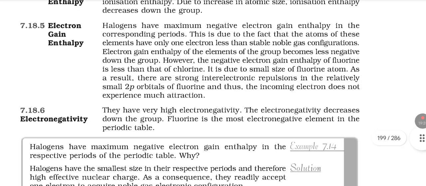Halogens have maximum negative electron gain enthalpy in the corresponding period. This is due to the fact that the atoms of these elements have only one electron less than stable noble gas configuration. Electron gain enthalpy of the elements of the group becomes less negative down the group. However, the negative electron gain enthalpy of fluorine is less than that of chlorine.